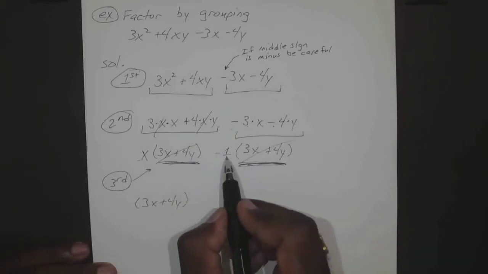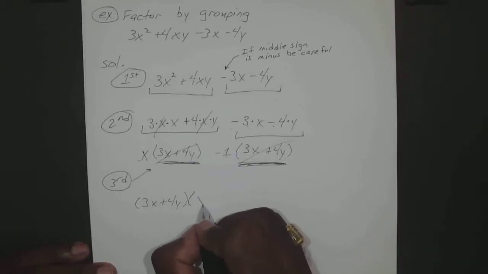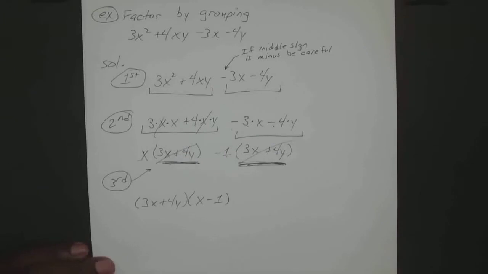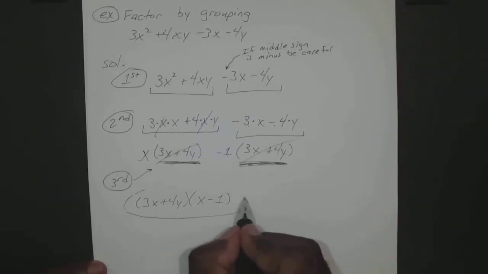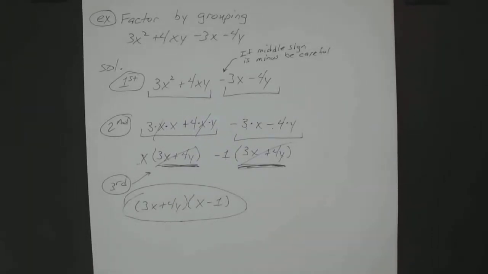So you have x, and you have negative 1, or minus 1. Okay, so if you do the FOIL method on that, you'll end up right back where you started. Okay, so any questions on that one?